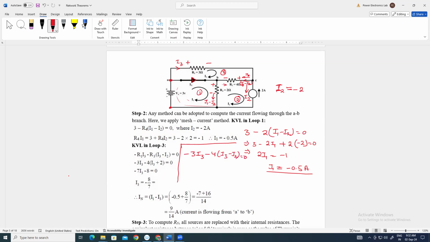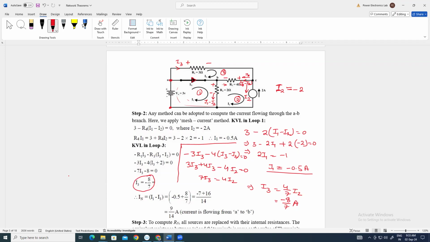So 3I3 plus 4I3 minus 4I2 is equal to 0. 7I3 is equal to 4I2, so I3 will be equal to 4 by 7 I2. Putting I2 as minus 2, I3 will be minus 8 by 7 ampere. This is written here, minus 8 by 7.